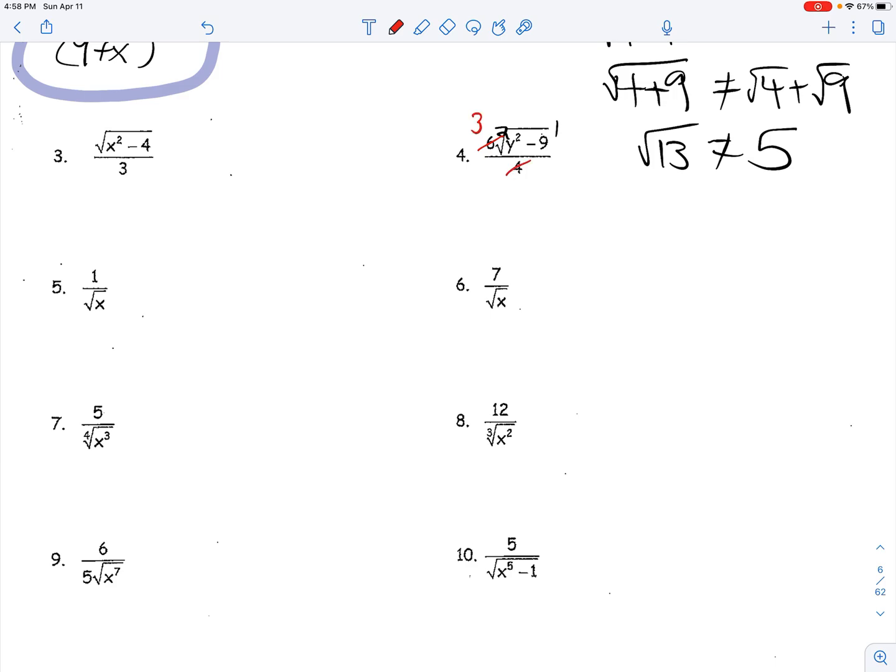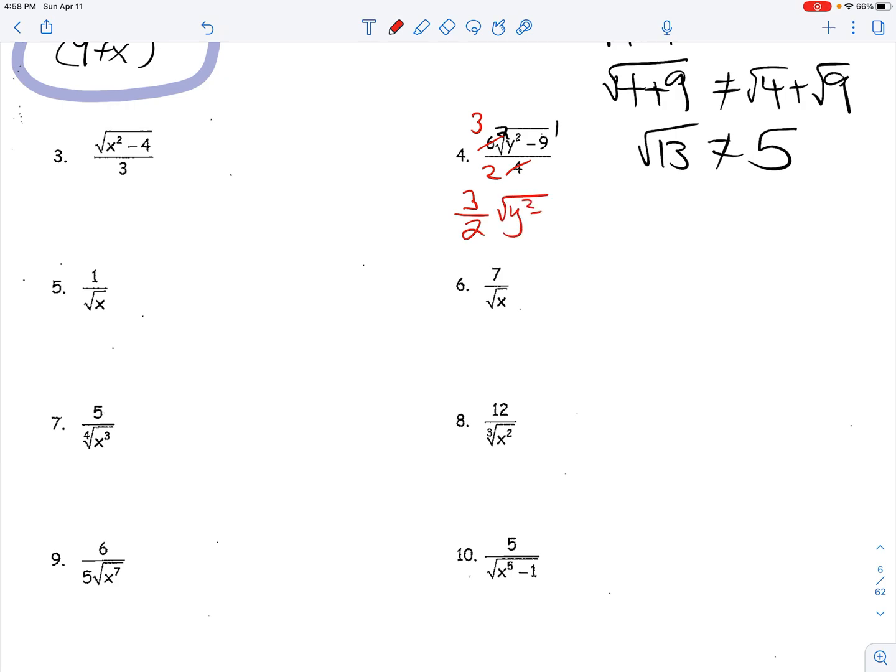Once again, if it was 6 plus the square root over the 4, we wouldn't be able to simplify the 6 and the 4, but I'll do it. So 3/2.